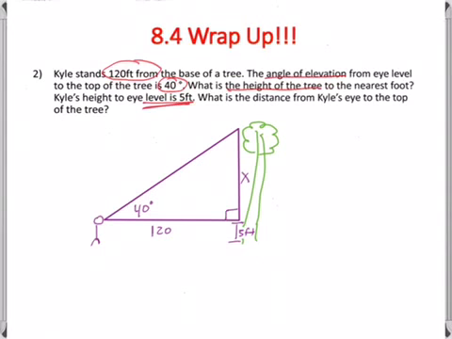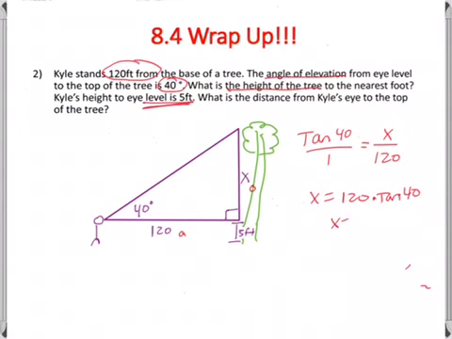So at this point, we've got opposite and adjacent. And so to find the height of the tree, we're going to go ahead and use tangent again. So tangent of 40 over 1 equals x over 120. Cross multiply, we've got x equals 120 times the tangent of 40.